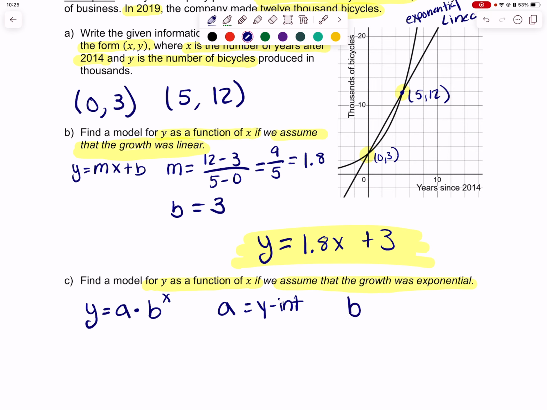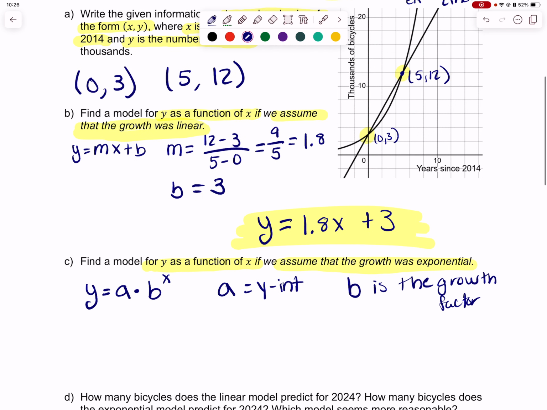And then b is the growth factor. And an easy way to go about this when I have two ordered pairs is to figure out what do I need to multiply that initial y value of 3 in this case to get to our second y value of 12.